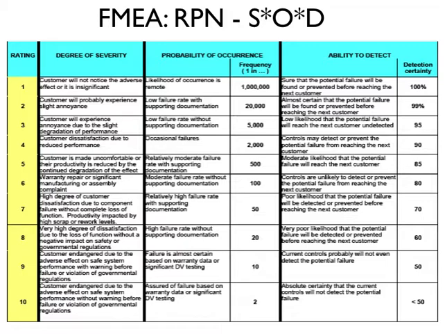Now in the probability of occurrence column, there's more of the qualitative type of assessment as well as the quantitative assessment, and this is also true for the ability to detect column. But with the probability of occurrence column, in the case of certain failure modes, there may not be the availability of data to be able to actually quantify what the probability is.